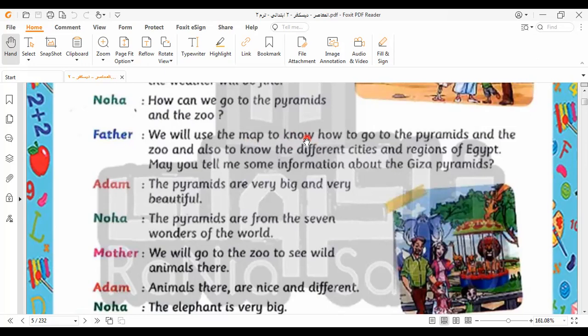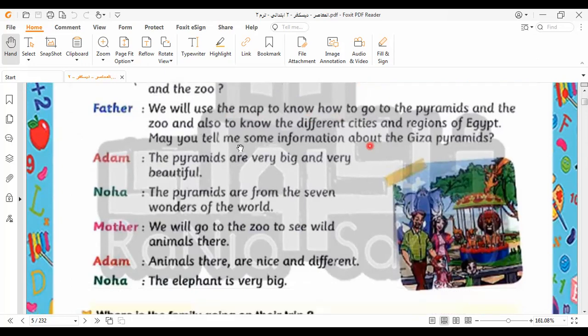Now we have GPS in our phones, and when we go to any place we use the GPS to know the direction. The map is like this to know how to go to the pyramids and the zoo, and also to know different cities and regions of Egypt.